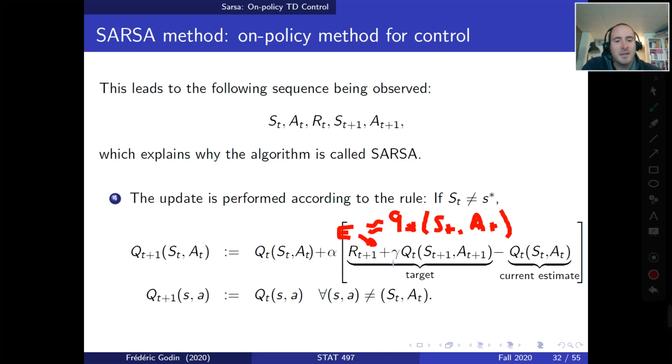When we say expectation, it means conditional on state S_t and action A_t.